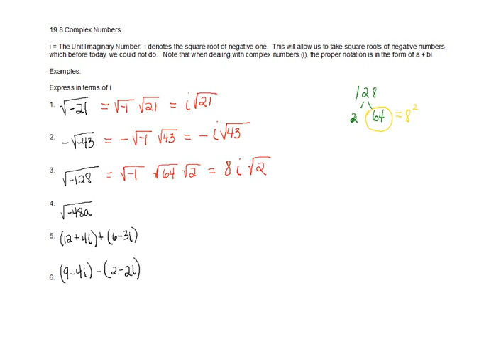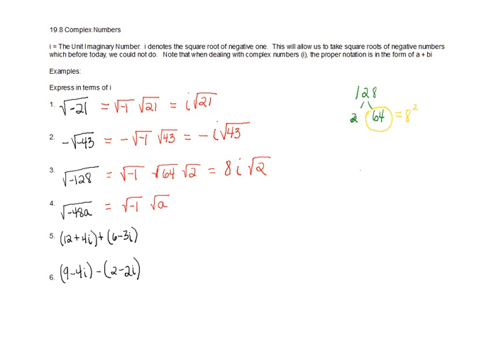So let's do the same thing here with -48a. First thing I do is pull out that square root of -1. I'm also going to pull out the square root of a. It's a variable, I like to get that separate. So now we're going to come out to the side like we did with 128 and factor 48 to see what kind of perfect squares we have in it.